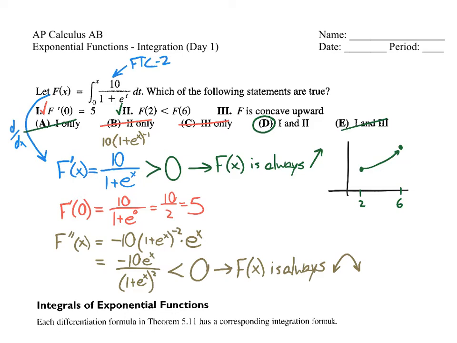F is always concave down. F prime is always going to be decreasing, because the second derivative is the derivative of the first derivative. So I know it's always going to decrease. F is always going to be concave down.